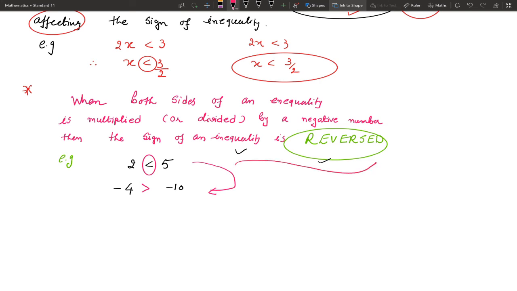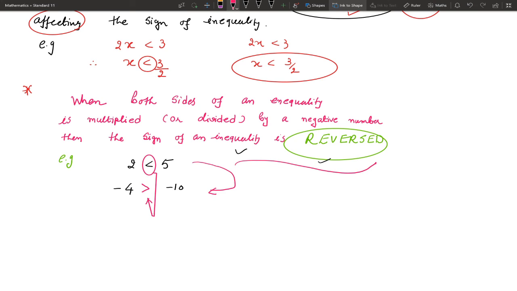So here when we multiplied by minus 2, between minus 4 and minus 10, minus 4 is greater than. So you can observe inequality is changed, or in other words it is reversed. So these two basic principles we will follow in future when we solve linear inequalities.